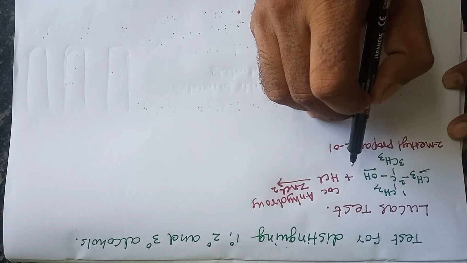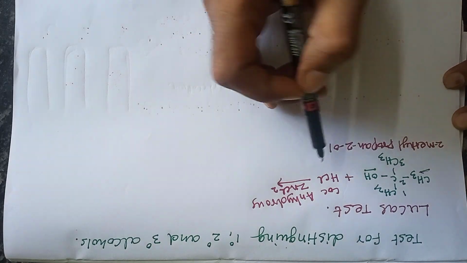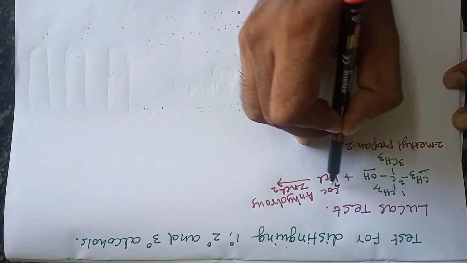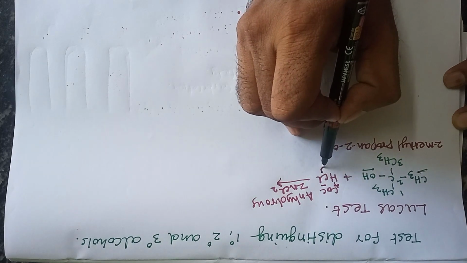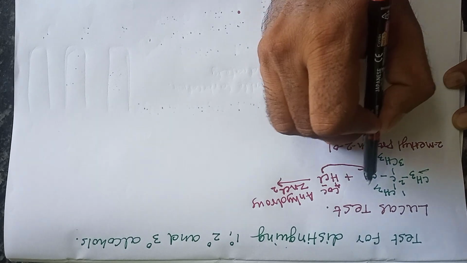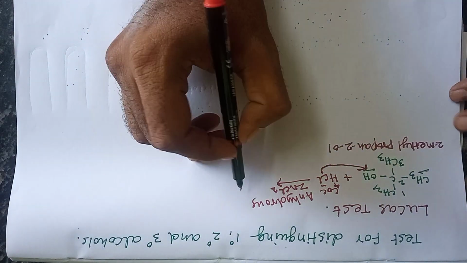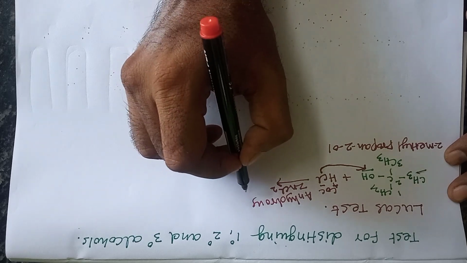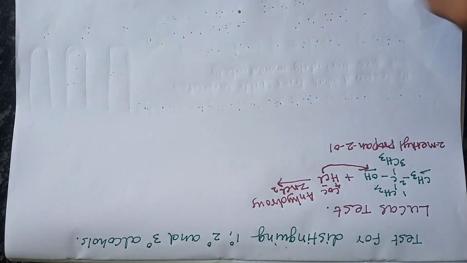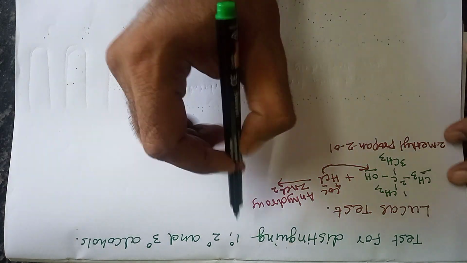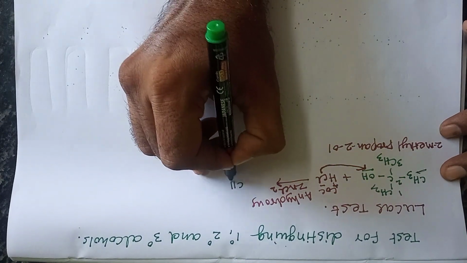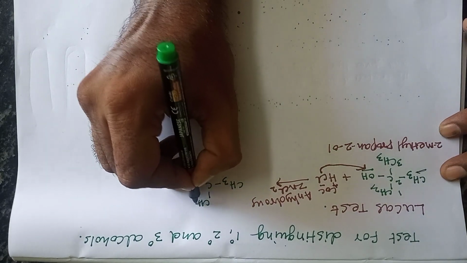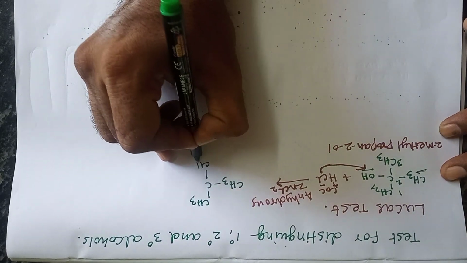Here nucleophilic substitution takes place. This is H plus and Cl minus. The nucleophile replaces the OH minus, and it gives an alkyl halide, or we can say alkyl chloride. Here CH3, CH3, CH3.